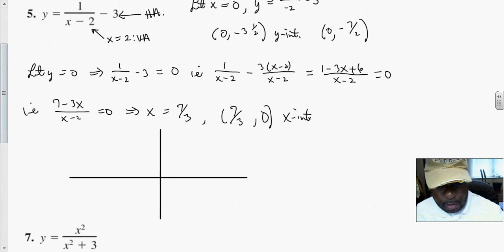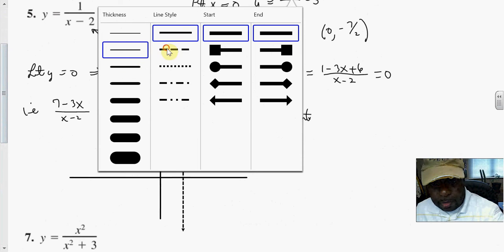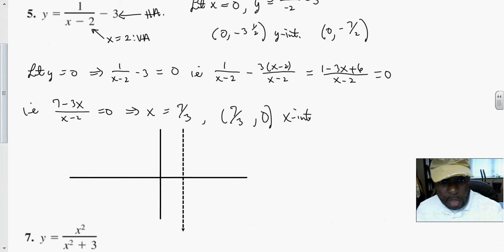The vertical asymptote is x equal to 2. And the horizontal asymptote is y equal to -3.